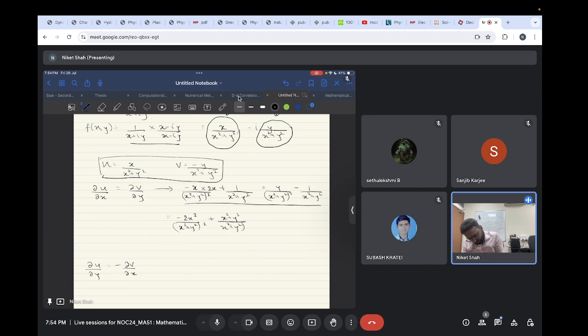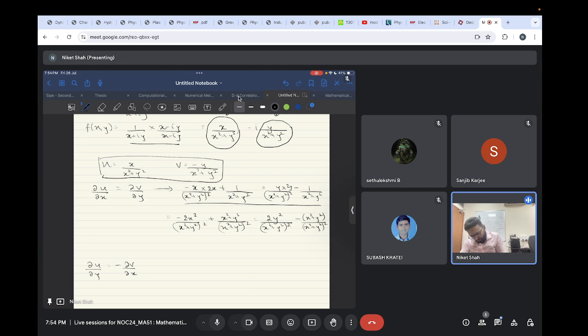So here the denominator becomes this the whole square, and this is equal to, oh, here I missed out 2y. My bad. So this is 2y square divided by x square plus y square, the whole square, minus the same thing, multiplied and divided by x square plus y square, divided by x square plus y square, the whole square.